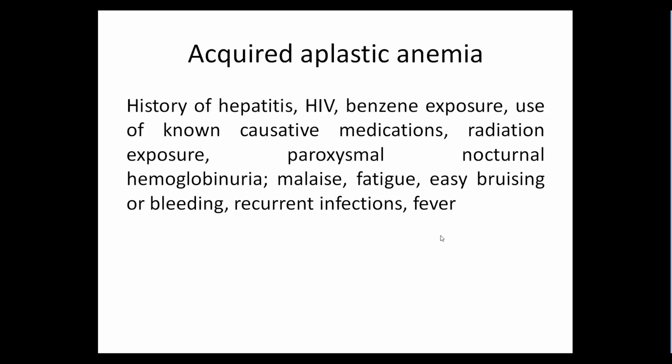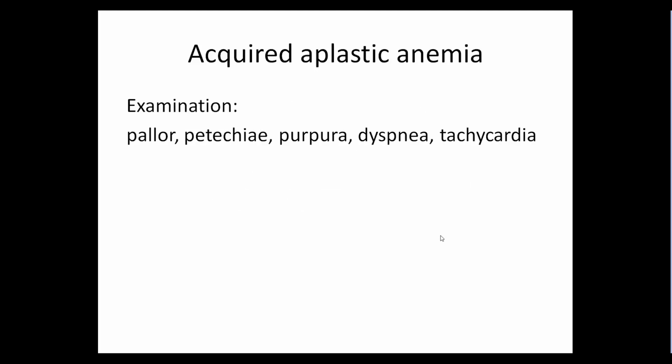Acquired aplastic anemia: history of hepatitis, HIV, benzene exposure, use of causative medication, radiation exposure, paroxysmal nocturnal hemoglobinuria. Symptoms: malaise, fatigue, easy bruising or bleeding, recurrent infection, fever.